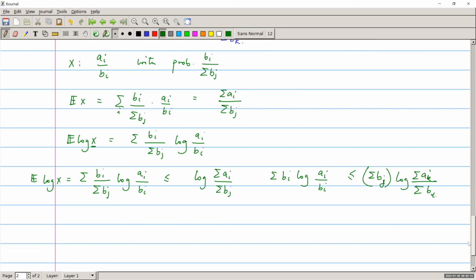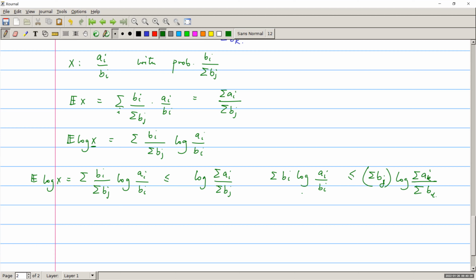Well, we just need to change the log to negative log and swap the numerator and denominator, and everything becomes in the form that we want. Just change the location of a_i and b_i. Actually, we don't even need to do negative log.